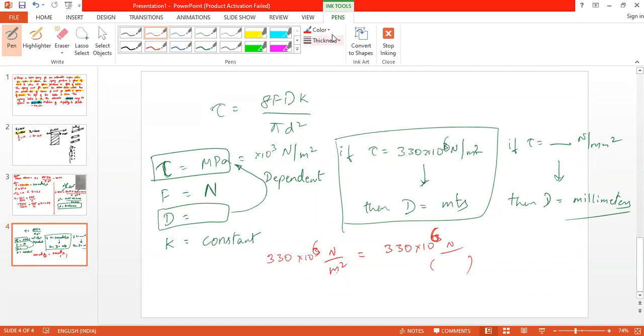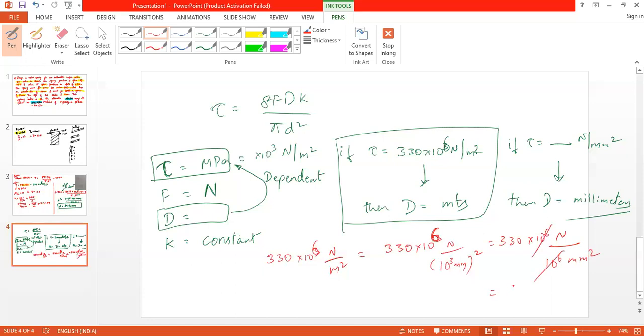1000, sir. So 1000 is nothing but 10 power 3 mm, whole square, because square is there. So that is equal to 330 into 10 power 6 Newton divided by 10 power 6 mm square.